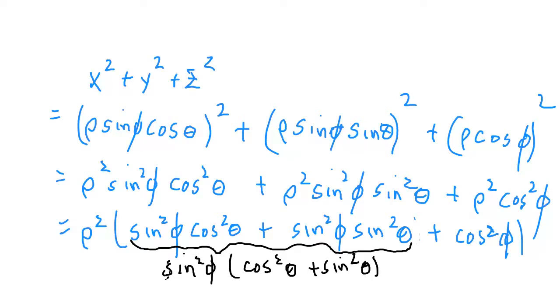But what's cosine squared theta plus sine squared theta equal to? Do you remember the trig identity? Very good, Lexi. It equals 1.